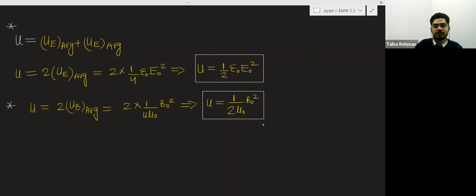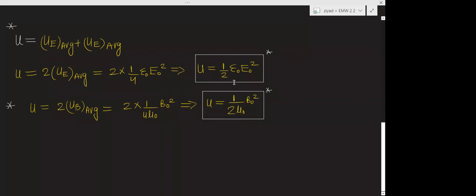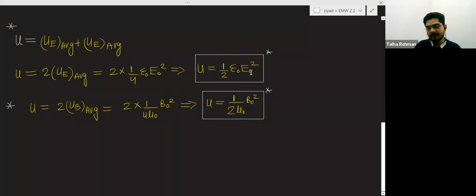So basically, these both formulas you have to learn: total energy density in terms of the electric field and in terms of the magnetic field. If someone is asking what is the energy density of the electric field, then you will say half of the total energy density.